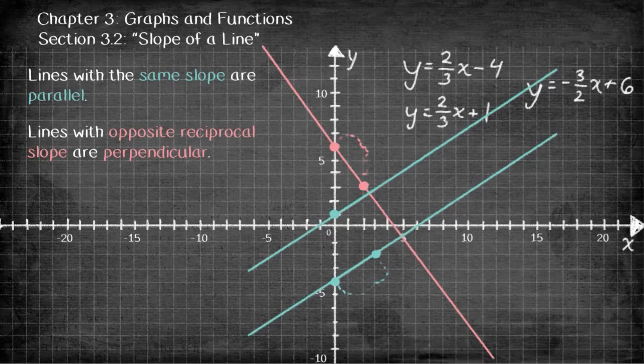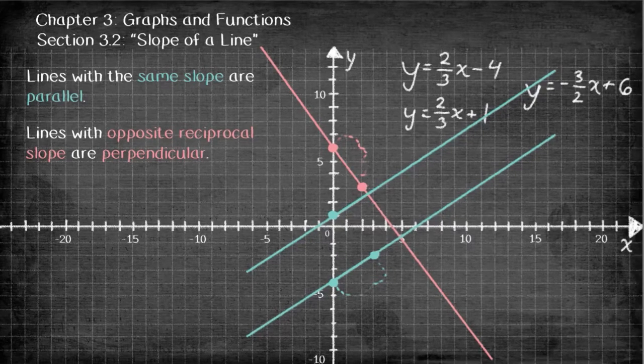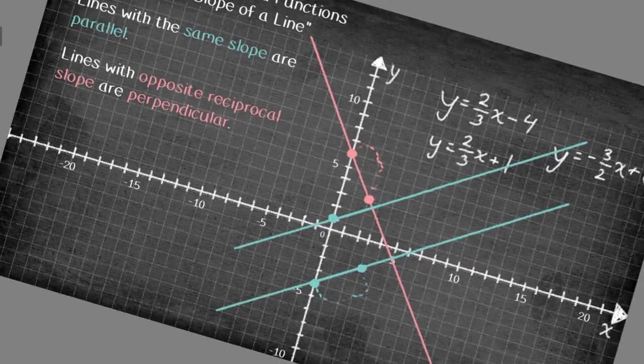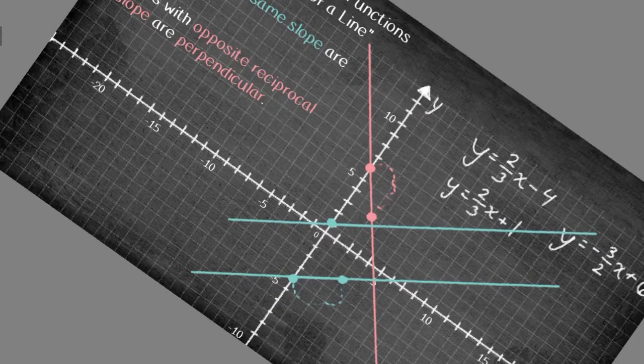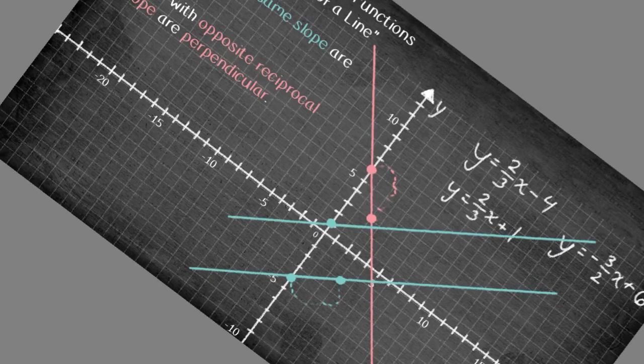It is a little bit harder to tell that they're intersecting at a right angle because they're kind of slanted. So let me just rotate the entire world here. There we go. And that about wraps it up for this video and for section 3.2.